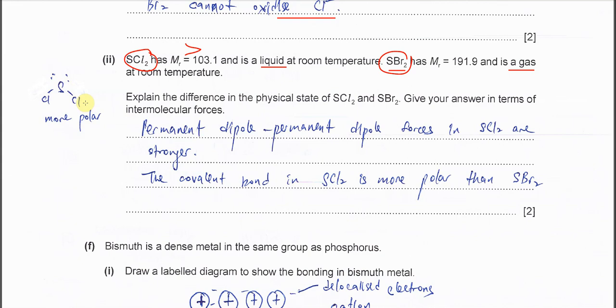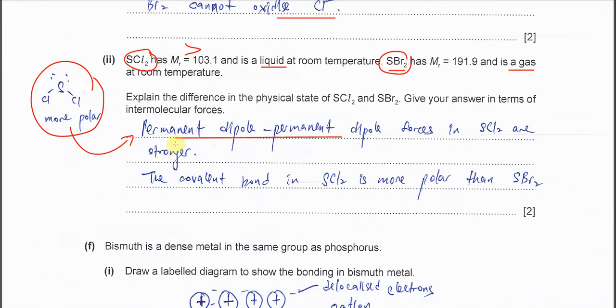Because the more polar the bonding, the greater the dipole moment of the whole molecule, so it's more polar. So we know that the SCl bonding is more polar and the molecule is therefore more polar, because the dipole moment is greater. So SCl2 has greater PD forces because it's a polar molecule, so it must have permanent dipole forces.